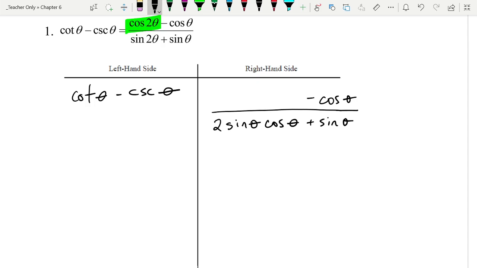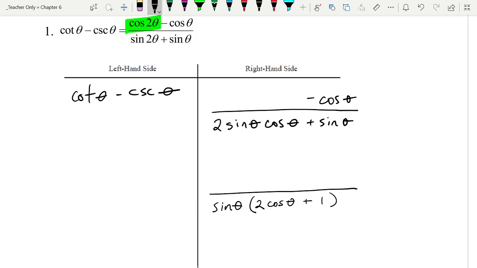Which of those 3 choices is the one I want? Well, my goal is to not have this fraction thing anymore. And I actually kind of noticed something. Look what I noticed about this denominator. I can factor the denominator. I'm going to go down here and factor sine theta out of the bottom. And I got 2 cos theta plus 1.